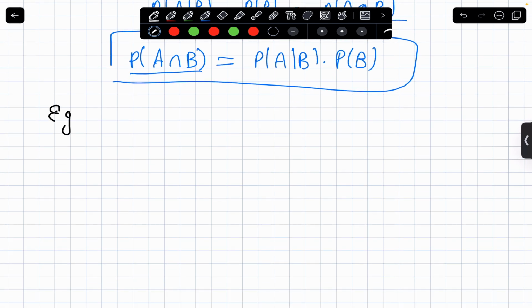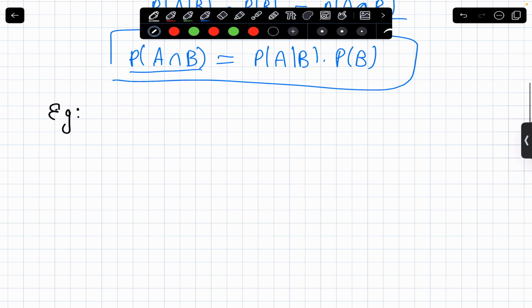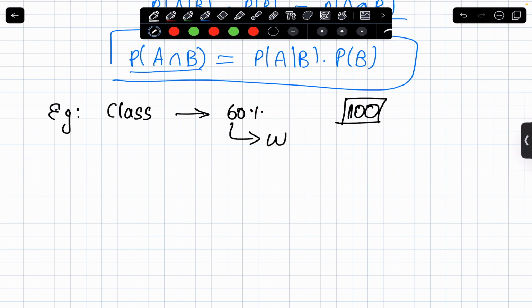In this example, suppose that I have a group of people, a group or a class or whatever, of 100 people, and in these 100 people we have 60% women.